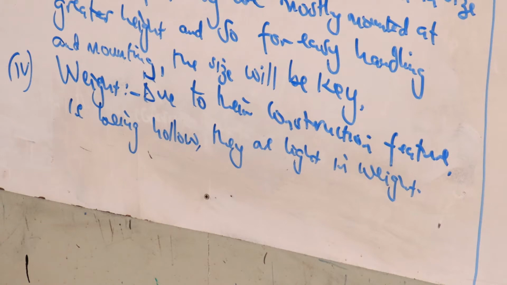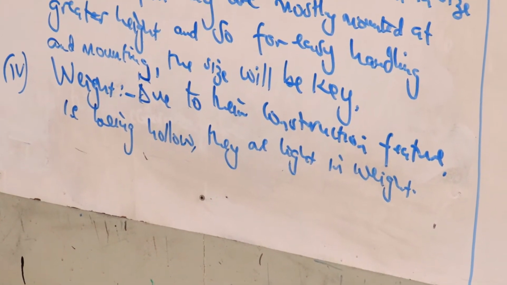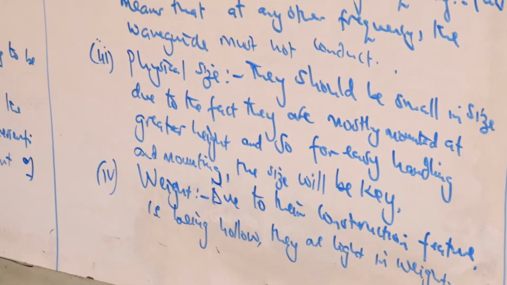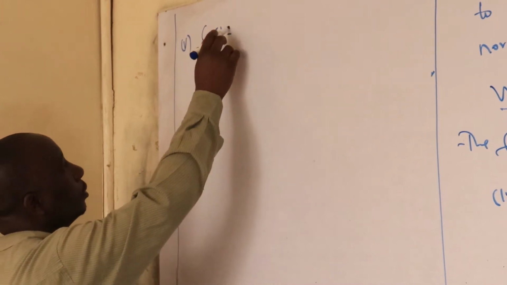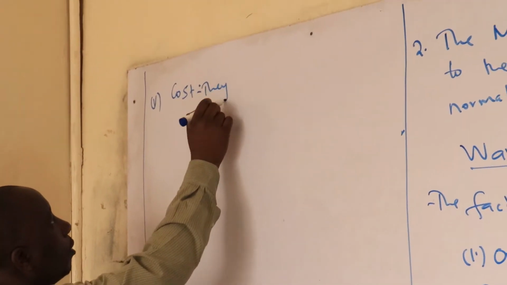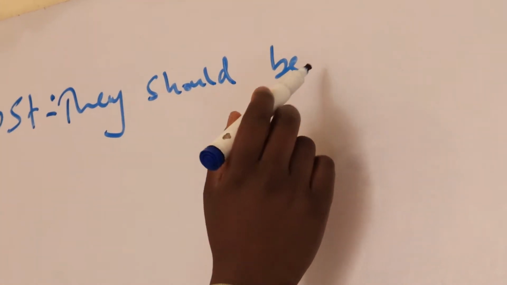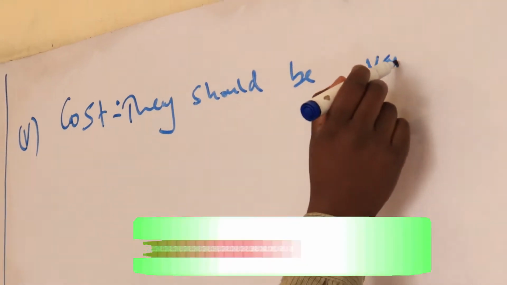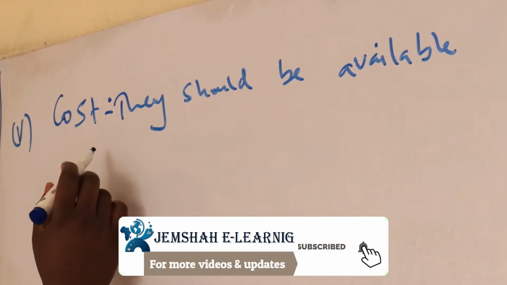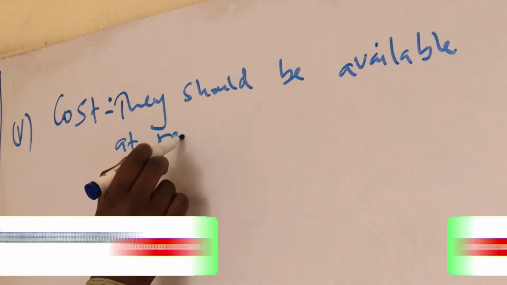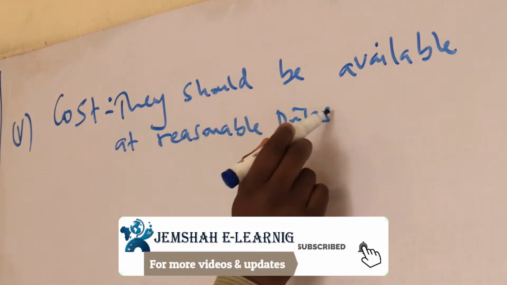So you go to factor number 5. They should be available at reasonable prices.